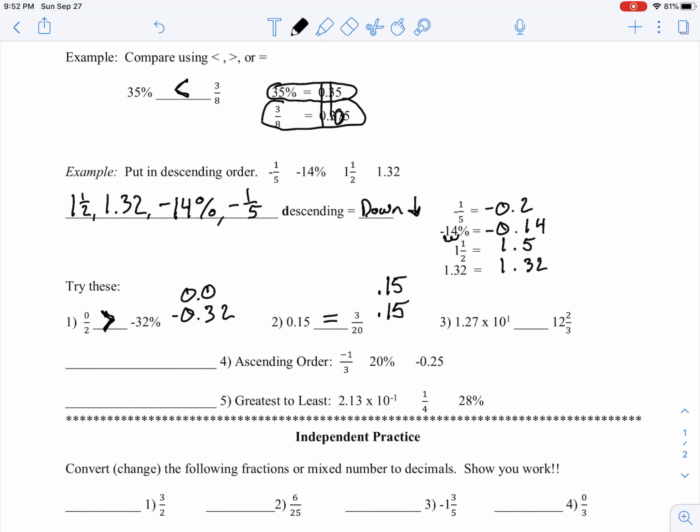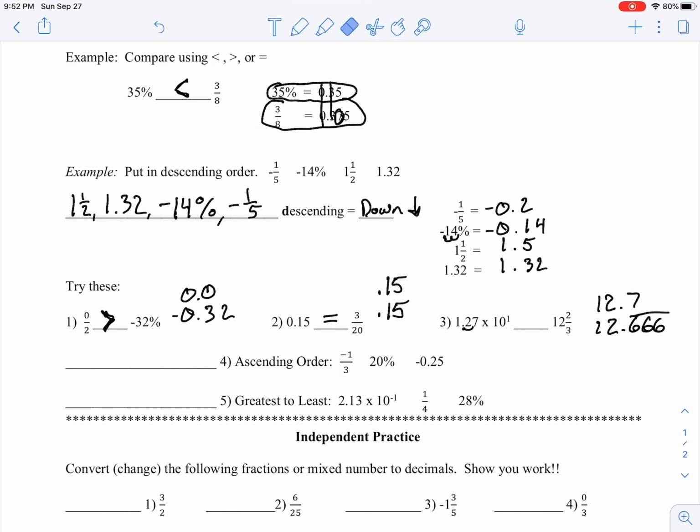And now we have 1.27 times 10 to the first power. So remember, converting from scientific to decimal number, that 1 tells us to move our decimal place once. So we're going to have 12.7. And then 12 2/3 will be 12.666 repeating.